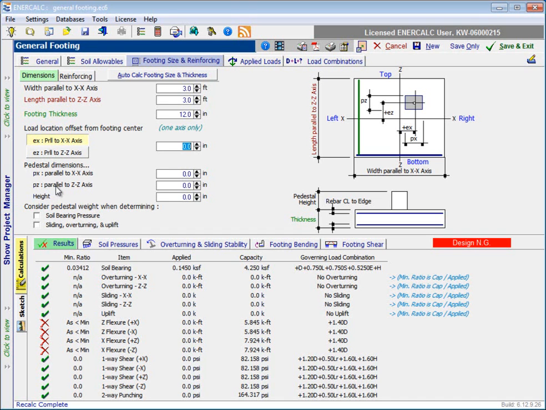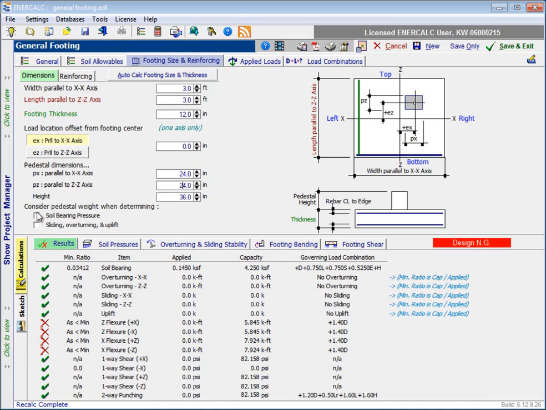But they also define the size of the pedestal, which when used with the unit weight of concrete will define an additional load that we can apply to the footing in the form of the self-weight of the pedestal. So for our exercise, what I'm going to do is define a 24 inch by 24 inch by, we'll say, 36 inch tall pedestal.